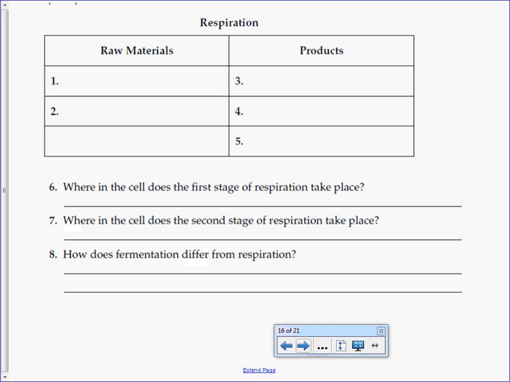Excellent. The raw materials are sugar and oxygen, right? Because you eat sugar and then you breathe in oxygen.